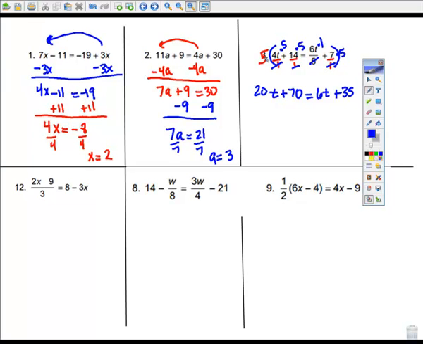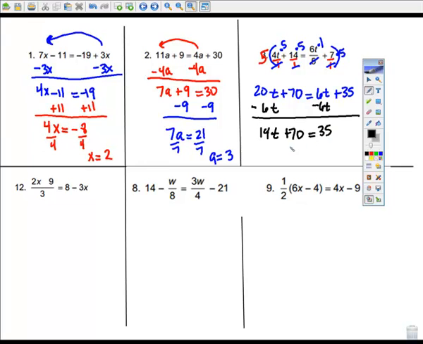Now it's just like these other two. So let's go ahead and solve it. I'm going to go ahead and subtract 6t from both sides. And the nice thing is this is going to turn it into a two-step equation. 20t minus 6t is 14t, plus 70 equals 35.